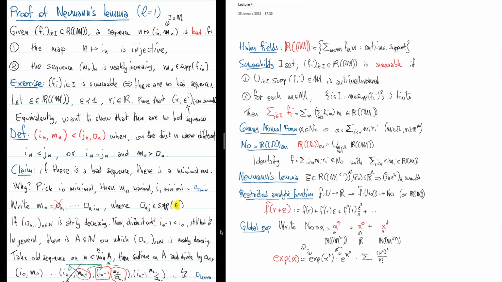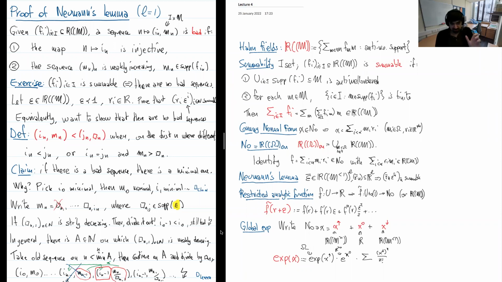Could you say a word about the multivariate case? The multivariate case is essentially the same, but the difference is now the indices are vectors of natural numbers. If you just put any total order on these tuples of natural numbers, then you should be fine.